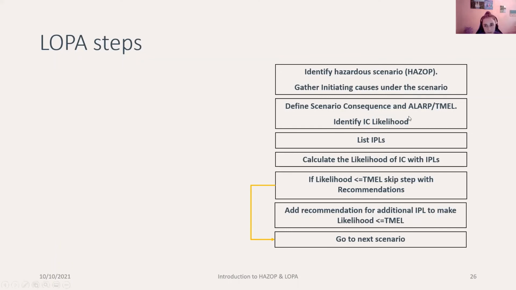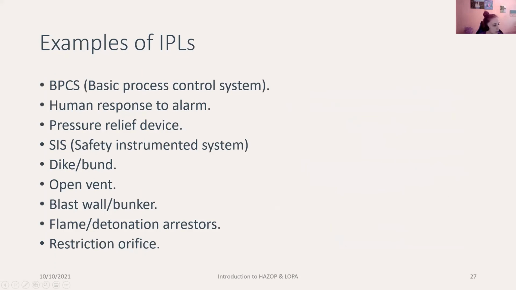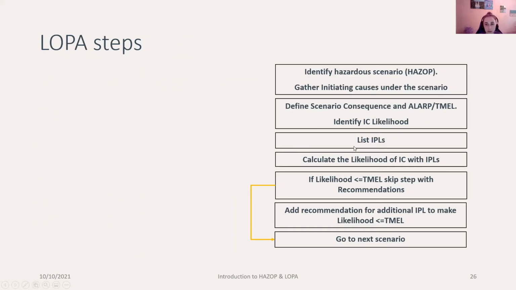So for all the consequences, different companies shall have their specified TML, which shall then be used during the LOPA. So you have on your spreadsheet the TML, your target, which you need to achieve, and that's totally based on the scenario consequence severity.